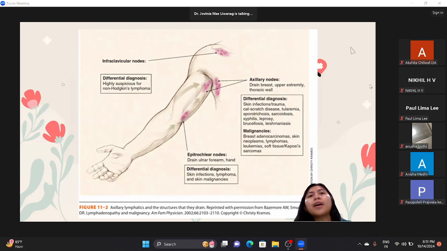So here, for example, axillary lymph nodes. Usually you can palpate the lymph node in the axilla when you have a breast mass or mastitis, inflammation of the breast, or any infection of the upper extremity and the anterior thoracic wall. So for infraclavicular lymph nodes, or below the clavicle, if you can palpate a lymph node there, it is highly suspicious of a non-Hodgkin's lymphoma.